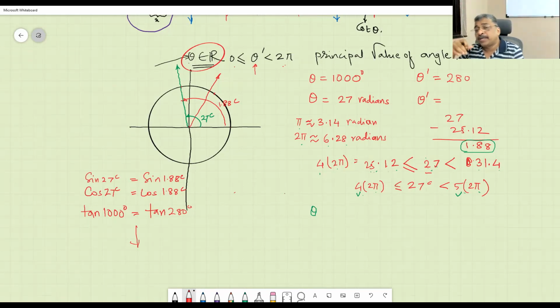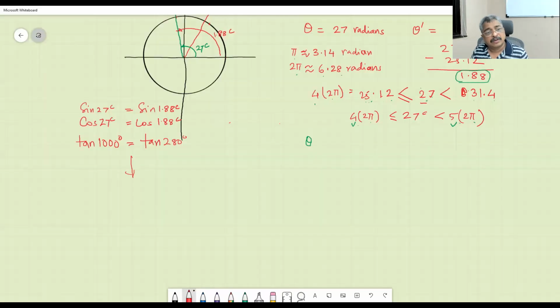All trigonometric properties, if studied well for any angle between 0 to 2 pi, 0 to 360, exactly the same study will be required for studying all the angles theta belonging to R, whether positive, negative, or 0, real number theta belonging to R. Is this understood? Okay, up to this point it is true.